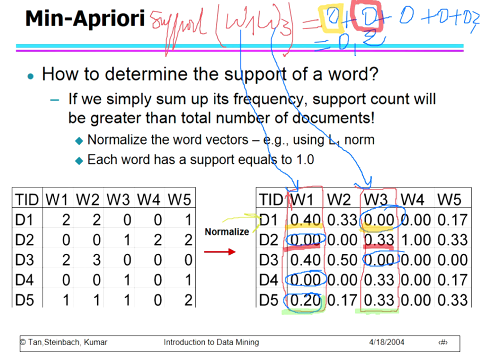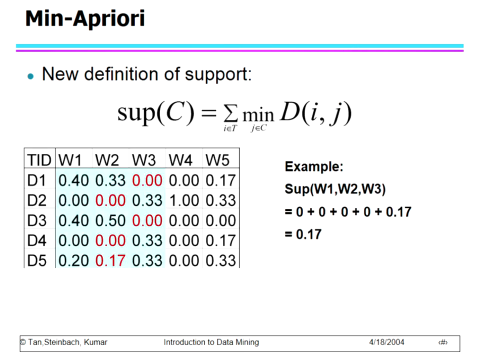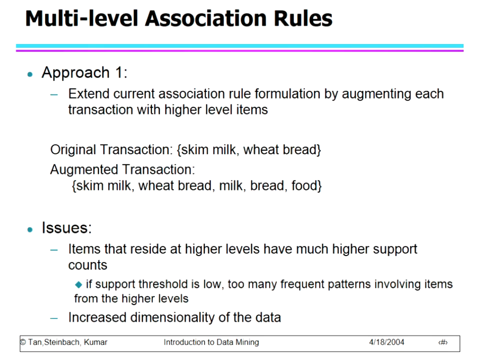So the minimum is 0.2. For this reason, the support will be 0.2. Is it clear?